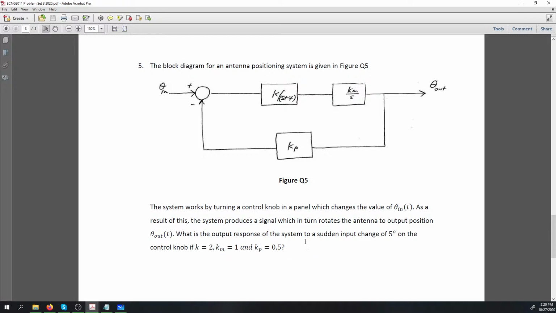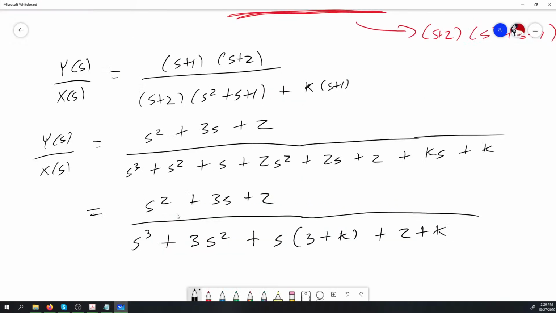Before we get to that, we need to obtain the transfer function that maps theta out to theta in. This also is a standard negative feedback system. So back to our whiteboard.